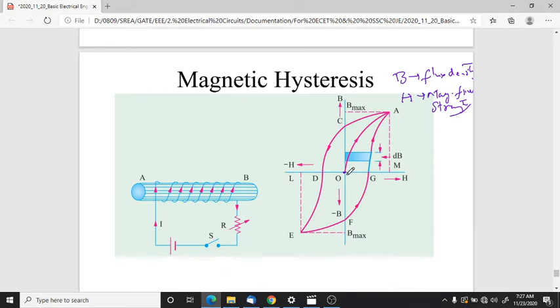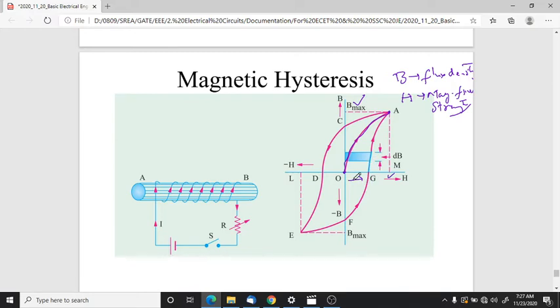Whenever the magnetic field strength is increased, the magnetic flux density also increases. Slowly it keeps increasing and reaches the maximum point. This is called maximum flux density and maximum magnetic field force.